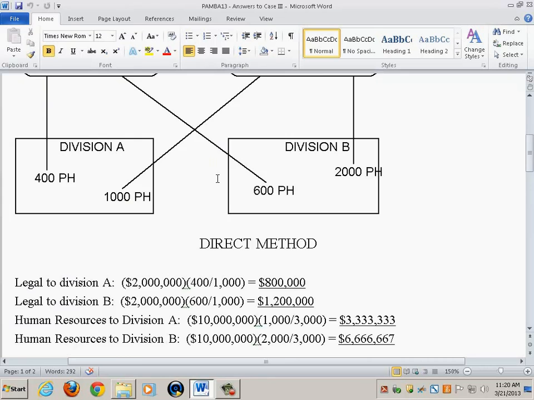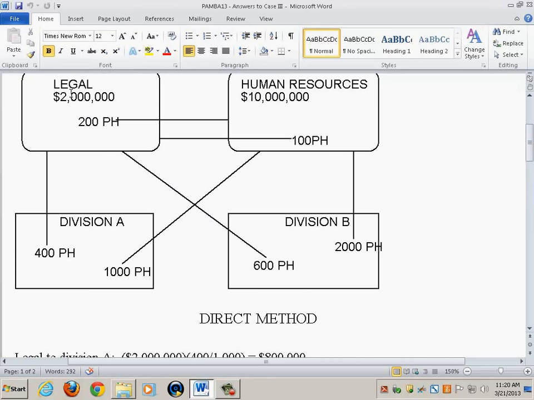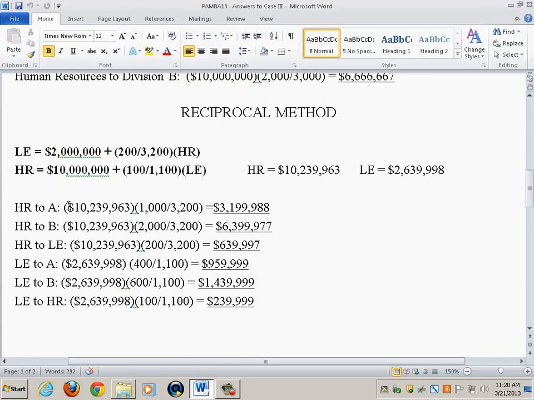How do we get 100 over 1,100? LE allocates 100 to human resources over a total of 100 plus 600 plus 400 that it allocates to all the units. So it's 100 over 1,100, and we have it here.